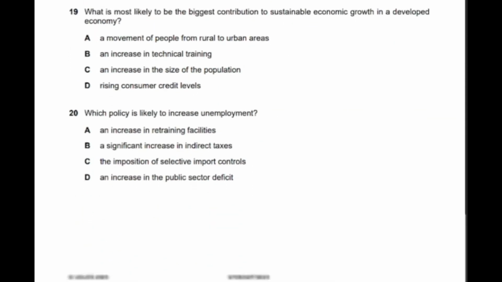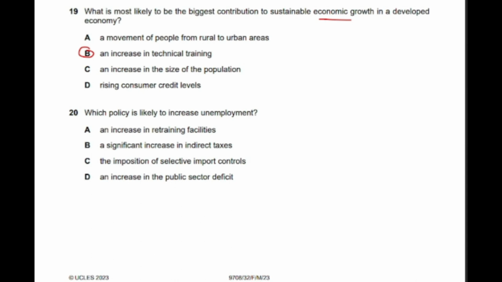Question number 19 says, what is most likely to be the biggest contribution to sustainable economic growth in a developed economy? So option B is correct answer, an increase in technical training, right? If you give technical training to the workers, then definitely you will be using better technology and better skills of the workers.